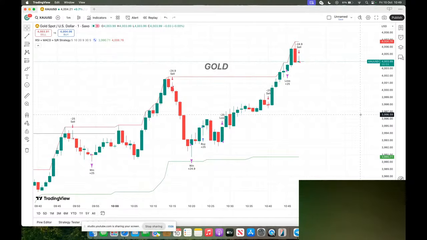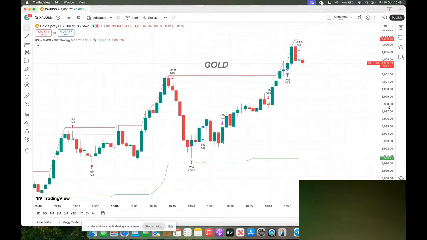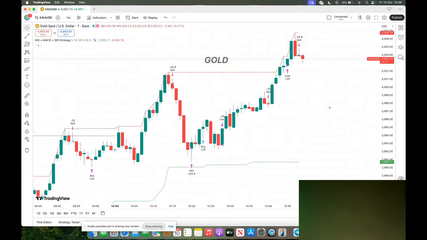It finally came up. Okay, great. Let's see how it plays out. If we're going to have a retracement, then it should come down, and that is all.